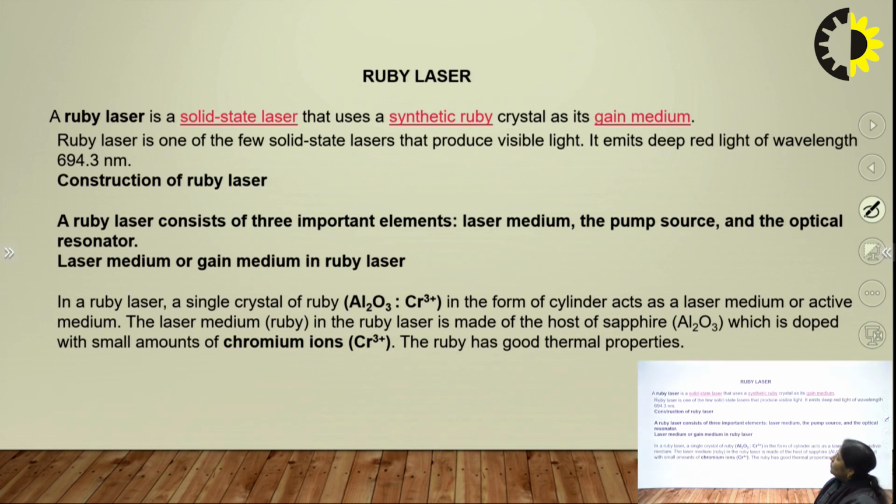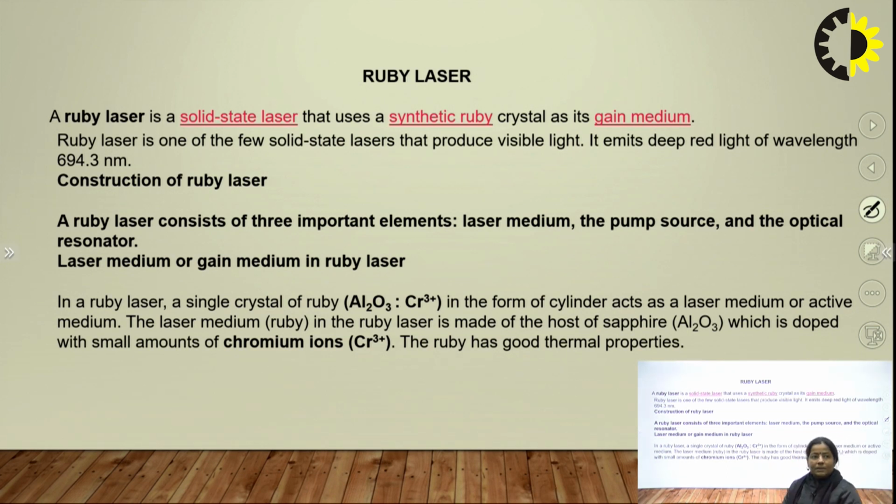And it generates light with a wavelength of 694.3 nanometer. This wavelength of laser beam is generated from the ruby laser.